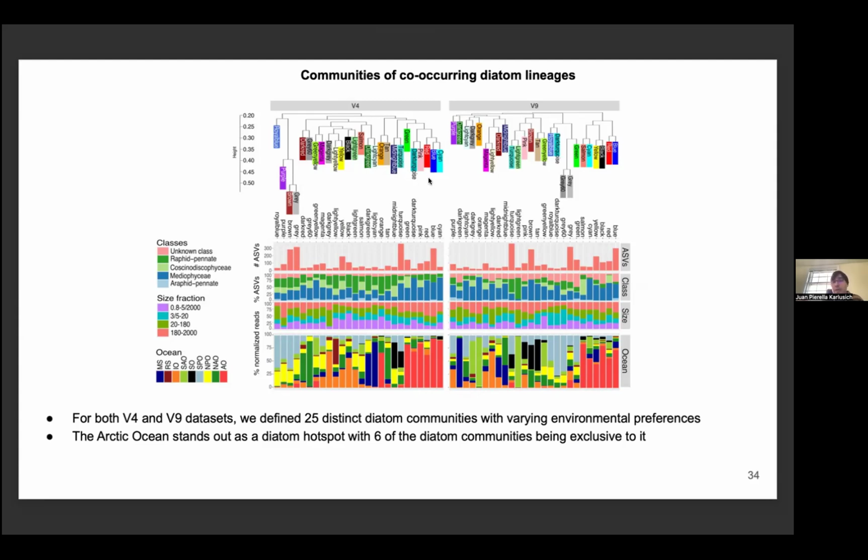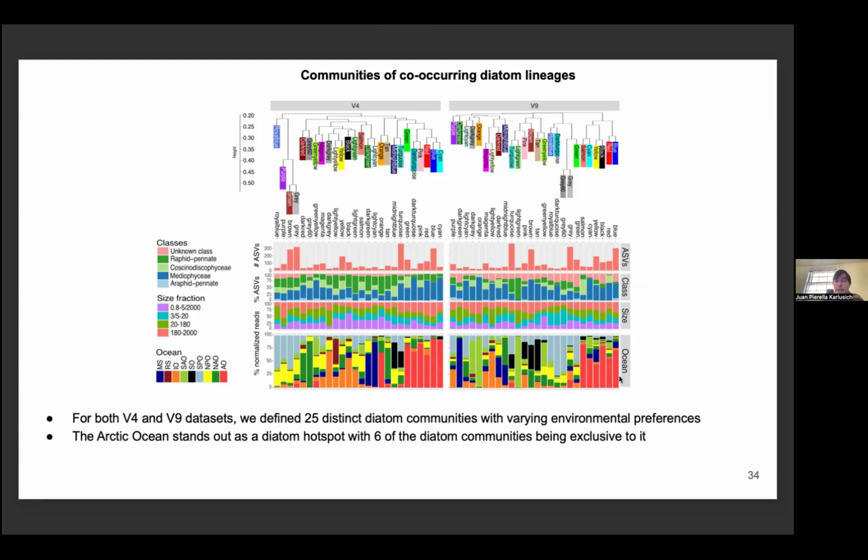The communities are organized by the dendrogram in the upper part according to their similarities in terms of environmental distribution, and you can see in the lower panel how they distribute in terms of ocean regions.